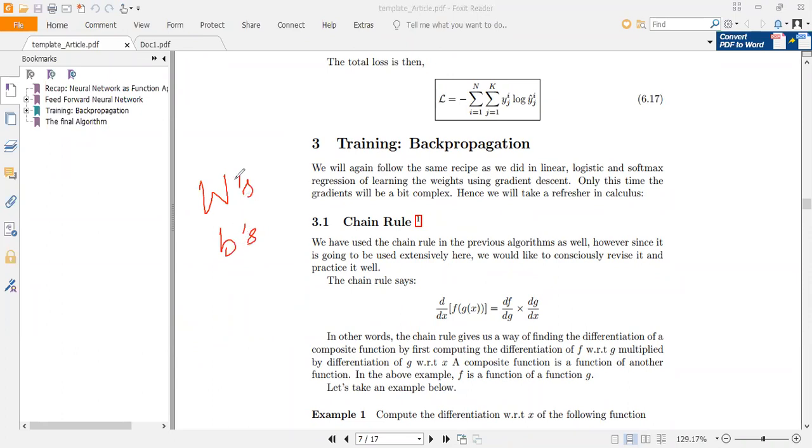The reality is that we need to figure out what these W's and B's are from the data. That is what the whole training process is about. So we have all the ingredients, and finally we have the loss function as well. Now from the loss function we have to find out the W and B. That is what we are going to do in this class.